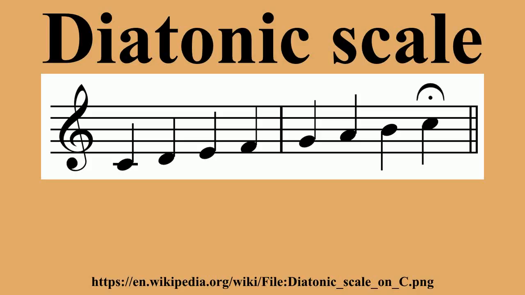Any sequence of 7 successive natural notes such as C, D, E, F, G, A, B, and any transposition thereof, is a diatonic scale. Piano keyboards are designed to play natural notes, and hence diatonic scales, with the white keys. A diatonic scale can also be described as 2 tetrachords separated by a whole tone.